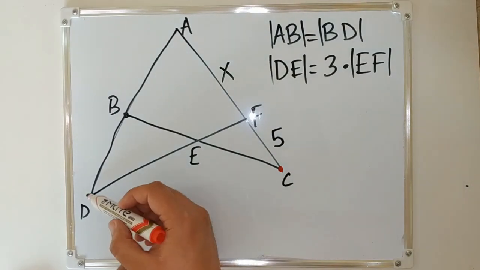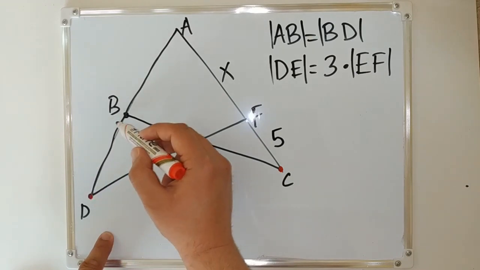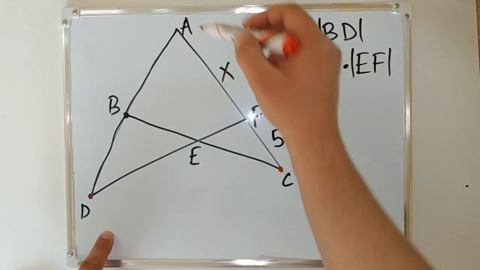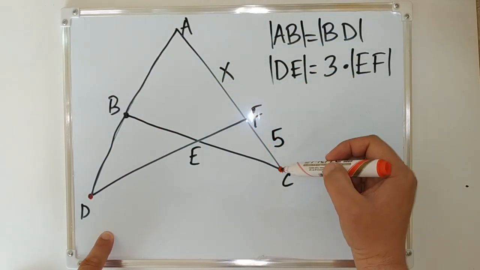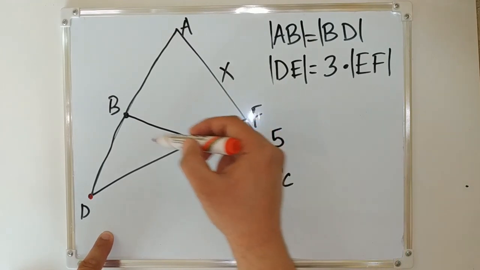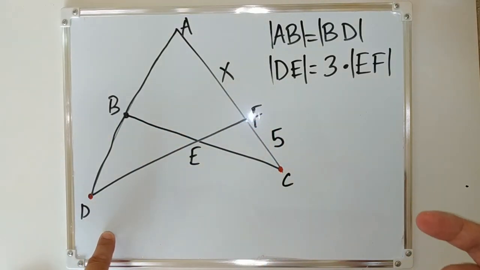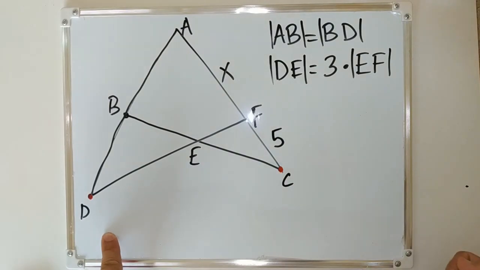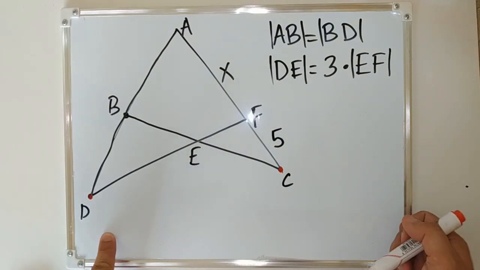But if we start from the point B, we will get DB over DA, AF over FC, CE over EB. When we multiply these, we will get 1. So you can give it a go first.